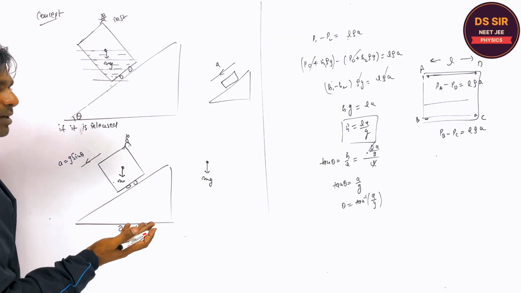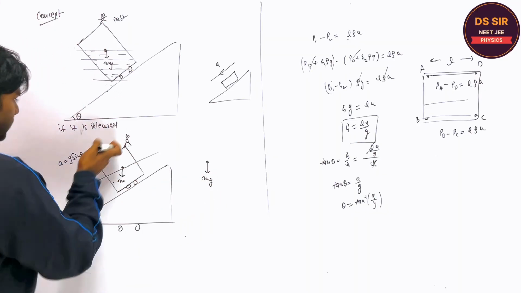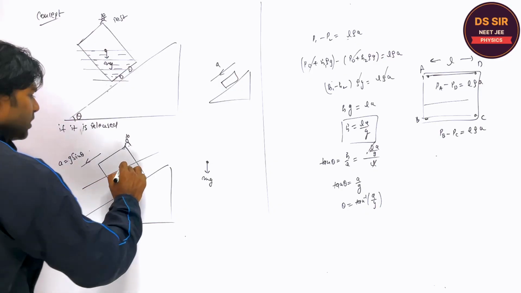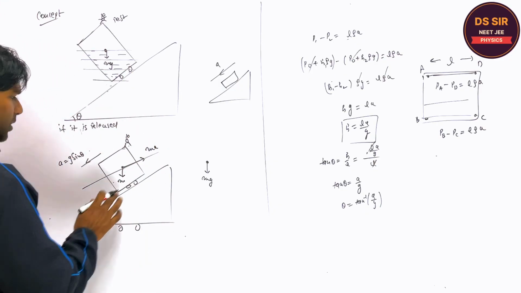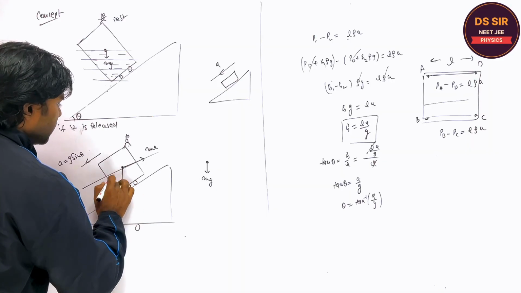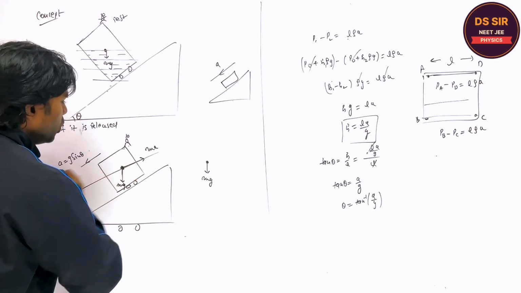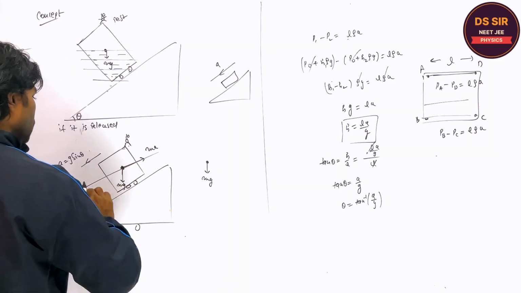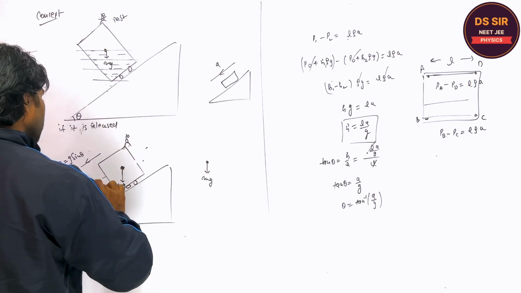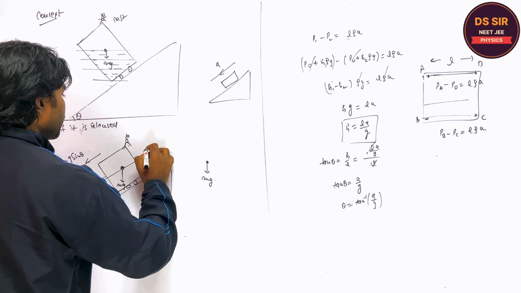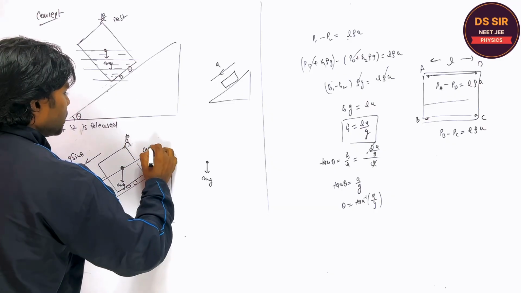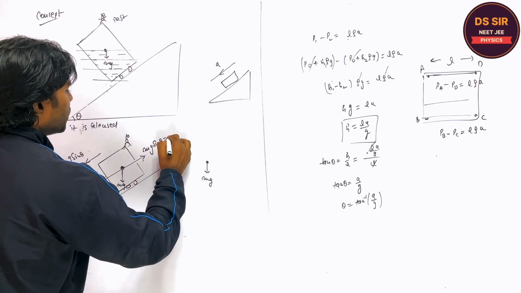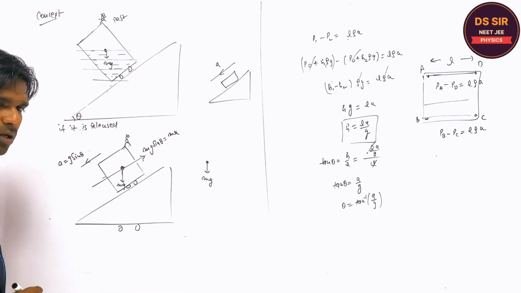And the acceleration is in this side, so the pseudo force will act on it in the opposite direction. So this is the mg, a molecule I am considering. So two forces will act. This is the ma. And what is the ma? The acceleration is g sine theta. Is it clear or not?